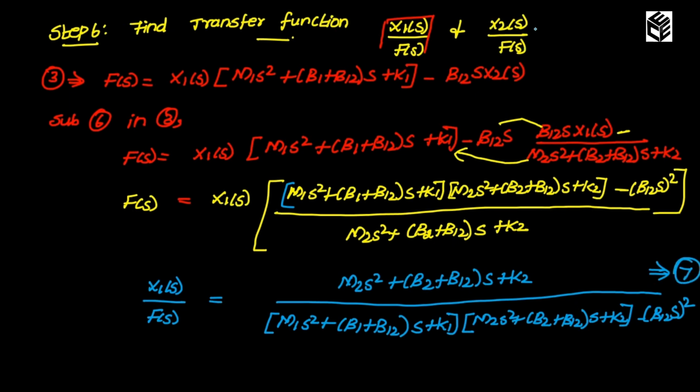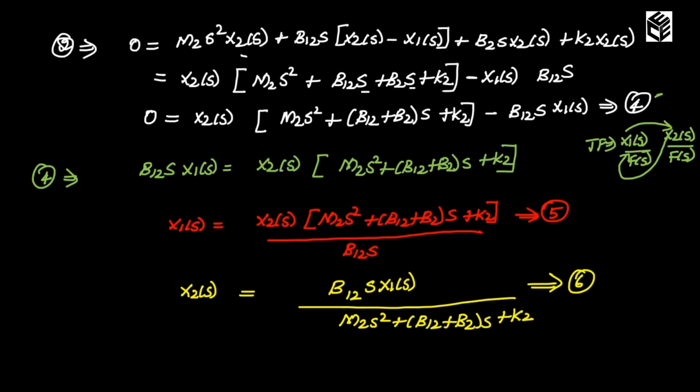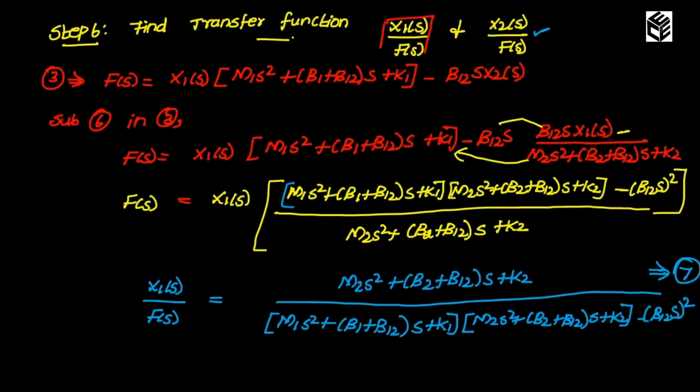Okay. So our next aim is to find X2(s) by F(s). In order to find X2(s) by F(s), I am going to substitute the fifth equation in the third equation. So what is my third equation? F(s) is equal to, instead of X1(s), I am going to apply the value from the fifth equation.